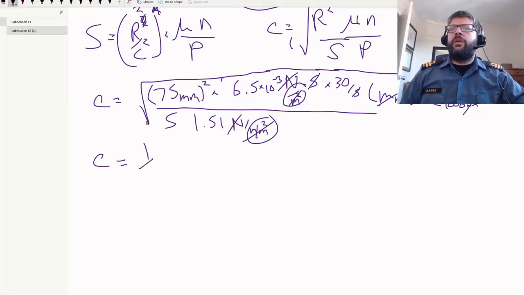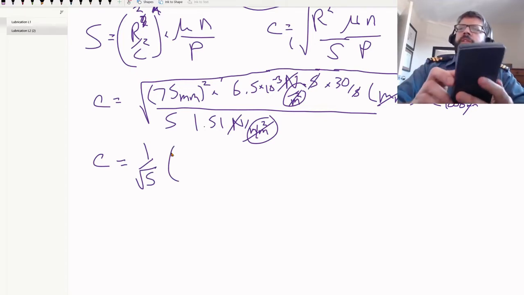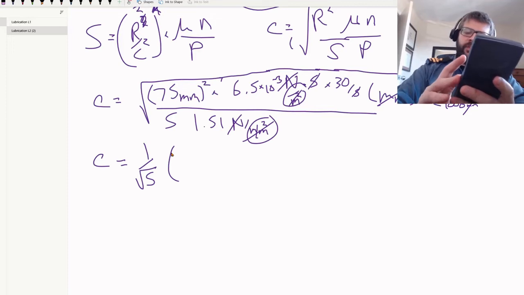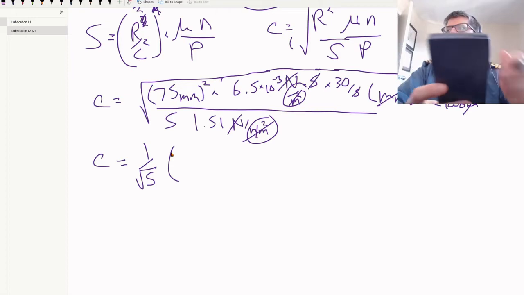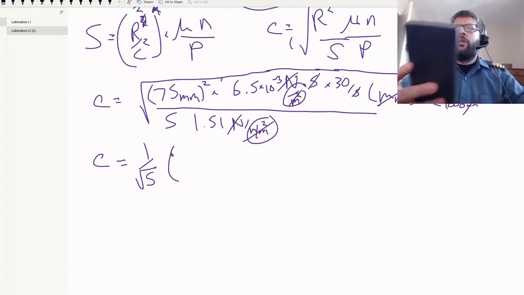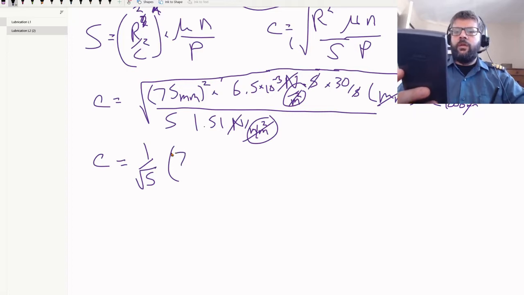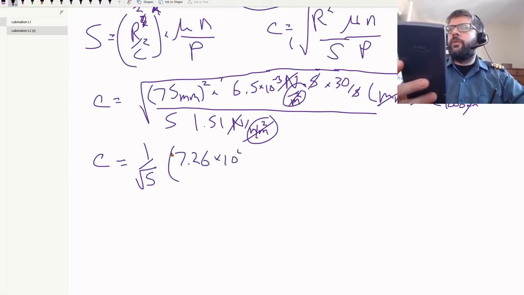Our C is equal to 1 over the square root of S times, let's see here, 75 squared times 6.5 e negative 3 times 30 divided by 1,000 squared divided by 1.51. 7.26 times 10 to the negative 4 millimeters.